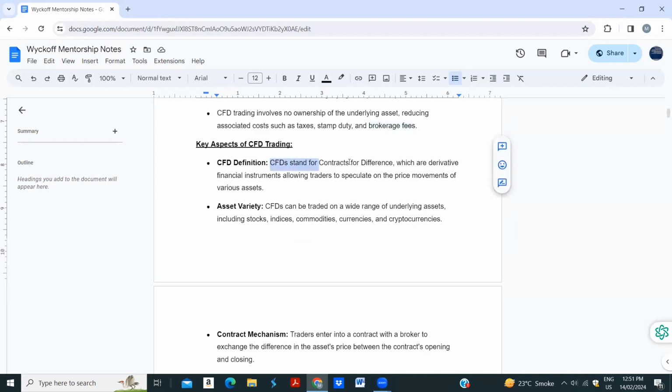Now, the key aspects of CFD trading. CFD stands for contracts for differences, which are derivative financial instruments allowing traders to speculate on price movements of various assets.